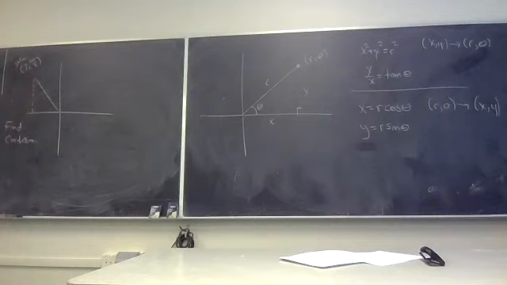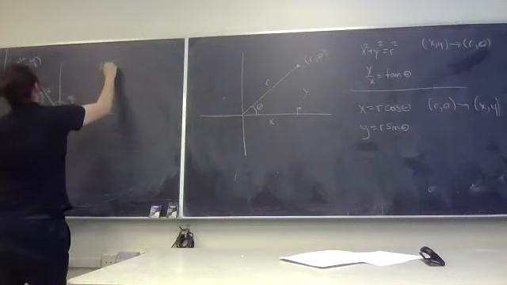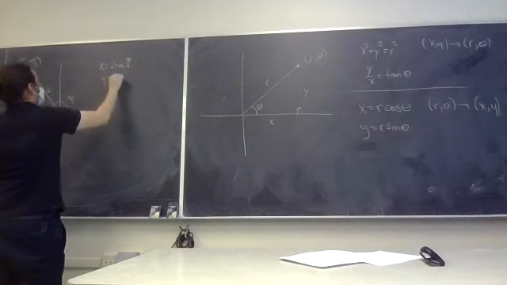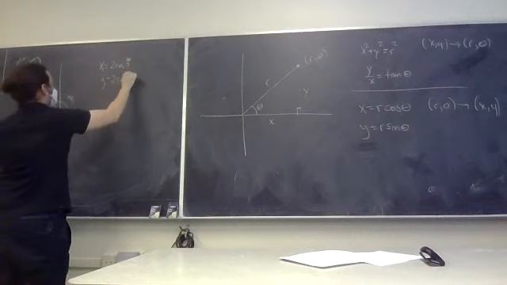Then you just feel like you're back in trigonometry again, right? Because this means this side of the triangle is 2. This angle is 2 pi over 3. So you can derive this directly from the conversion equations, or you can do it with the right triangle geometry. It's up to you. You're going to get the same answer either way. x is equal to 2 cosine of 2 pi over 3. y is equal to 2 sine of 2 pi over 3.